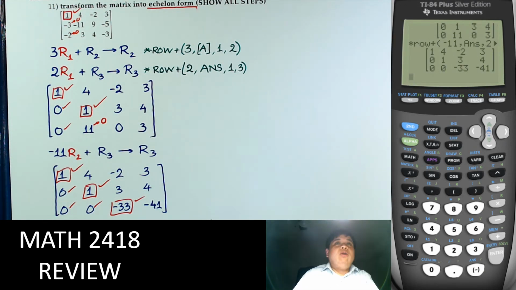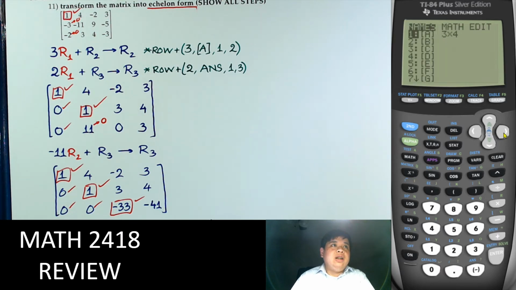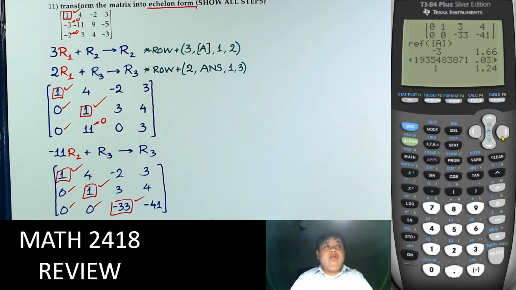Right, now the calculators have an option of echelon form. As we mentioned earlier, there is the reduced row echelon form and then echelon form. If we apply this to the matrix A, you see it looks different now.